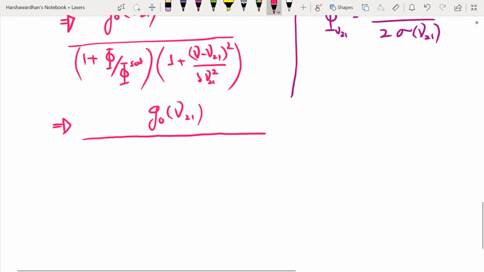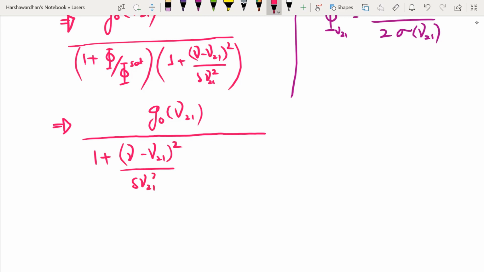gain at the line center, divided by 1 plus nu minus nu to 1 whole square divided by delta nu to 1 square plus phi by phi saturation, but this is at nu to 1, right?